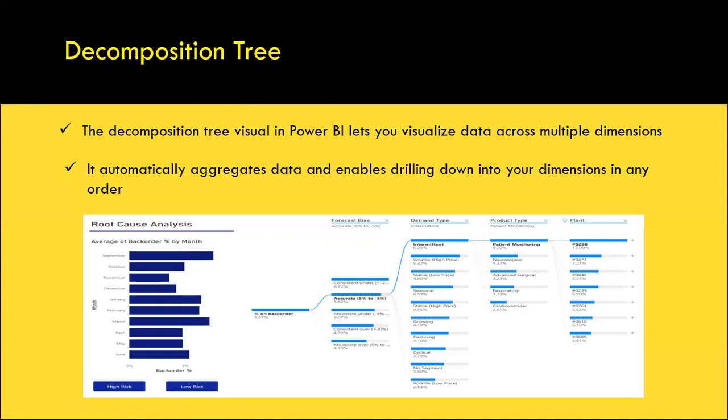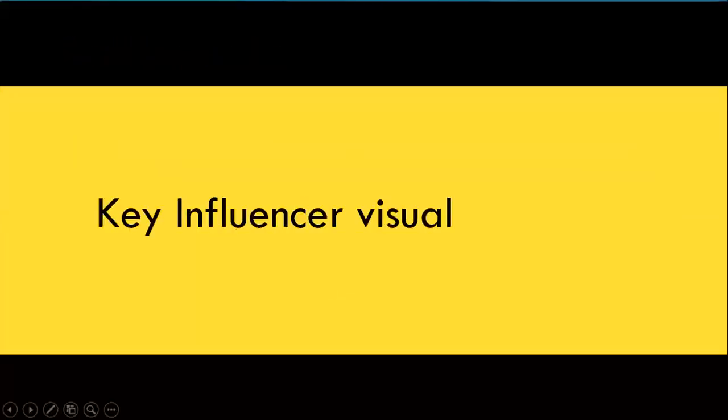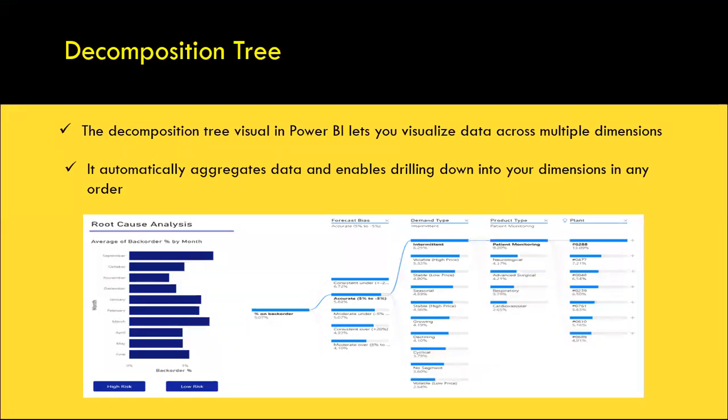So let's take a look at some of the components of this visual. First up, we have the measure that we want to analyze. See here, you need to put the measure.